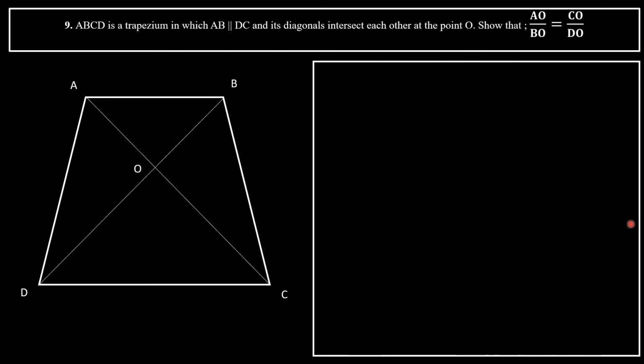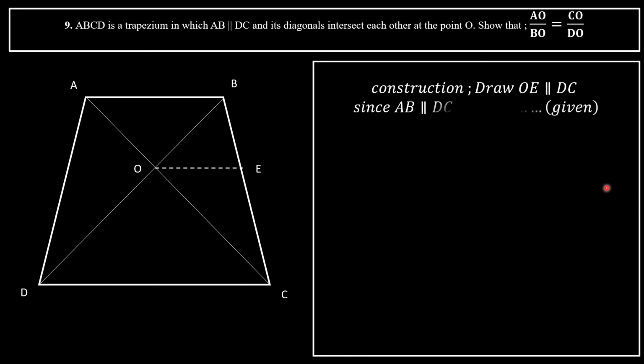So for this, we need a construction: OE parallel to DC. We draw a line through O, OE, parallel to DC. Now, since AB and DC are parallel, this is given, as a trapezium means AB and DC are parallel.